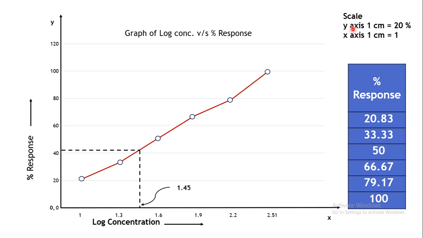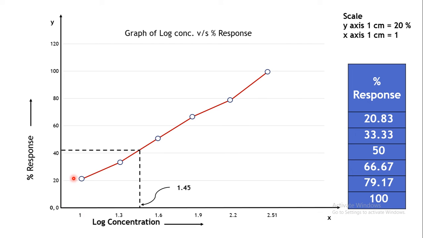While plotting, you can select an appropriate scale for your graph. On the y-axis you can select a scale of 1 centimeter equals 20%, and on the x-axis 1 centimeter equals 1, since it does not have any unit.